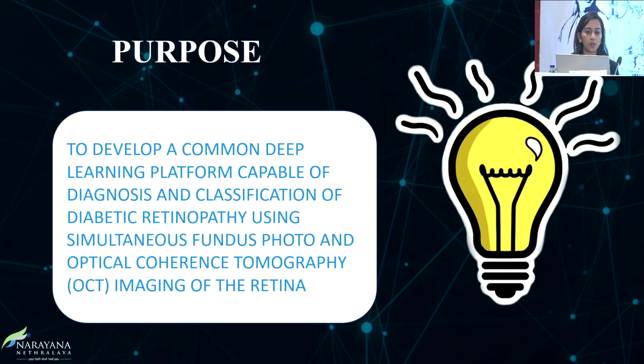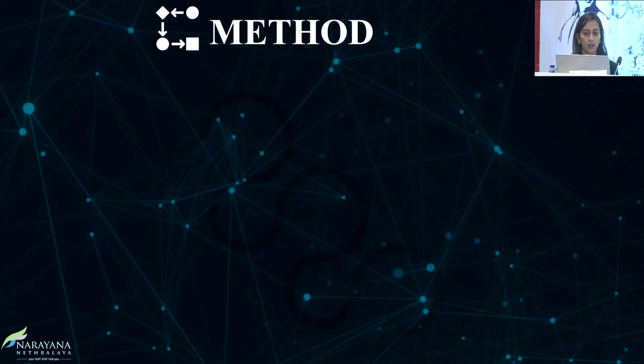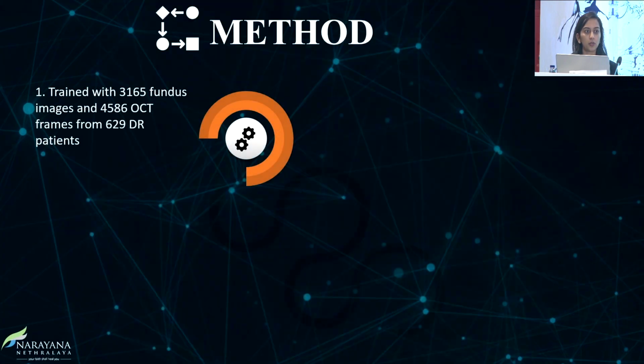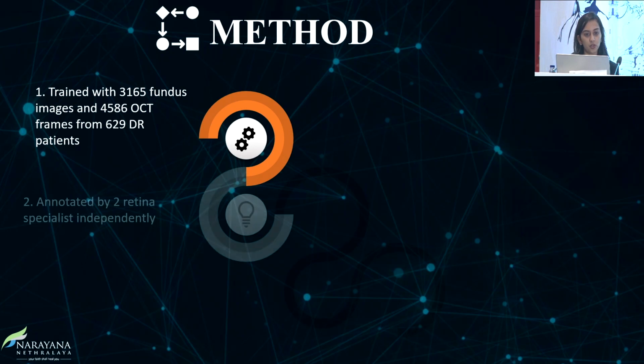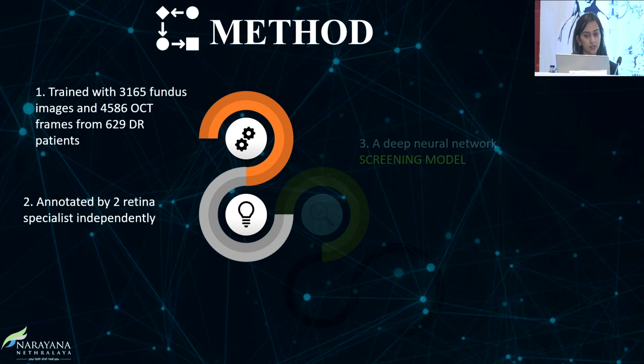For this purpose, we made a deep learning classifier which used simultaneous imaging with a fundus camera and OCT imaging for screening of the retinopathy. We used about 3,165 fundus images and 4,586 OCT frames from 629 diabetic retinopathy patients who were visiting our center. All these images were annotated separately by 2 retina specialists.